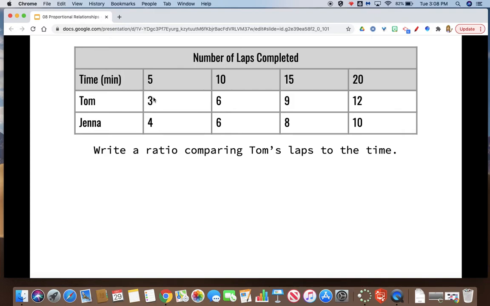For example, he completed 3 laps in 5 minutes, so that would be 3 over 5. 6 laps he completed in 10 minutes, so 6 over 10. 9 laps were completed in 15 minutes, 9 over 15, and then 12 laps were completed in 20 minutes. What do you notice about those different rates that we've set up for Tom? Take a second and think about what you're noticing from one rate to the next.